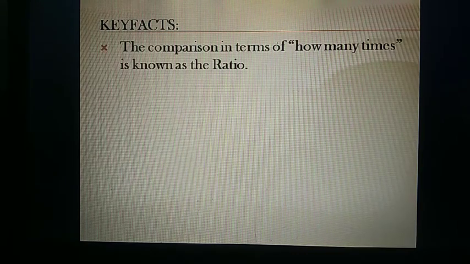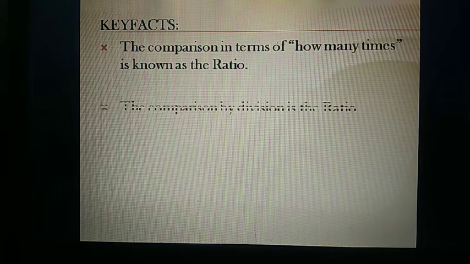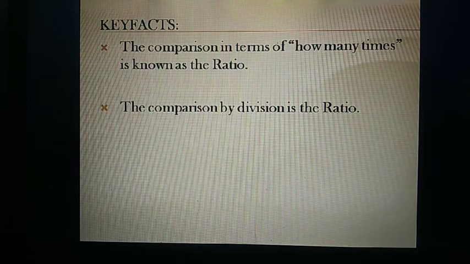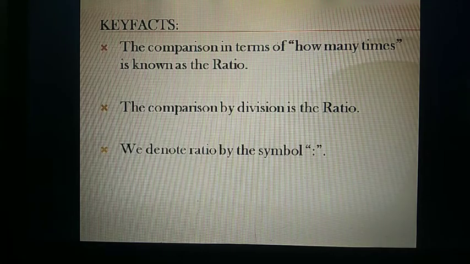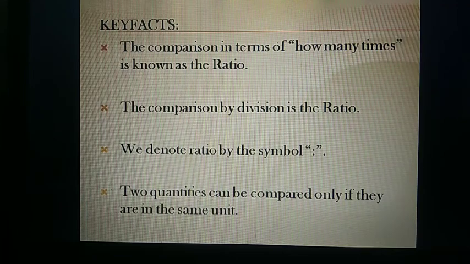So we can summarize it as the comparison in terms of how many times is known as ratio, or we can say that the comparison by division is the ratio. We denote ratio by the symbol colon. Read it as is to. Two quantities can be compared only if they are in the same unit. If the unit is not same, we will not compare them. This we have already covered in the last example.